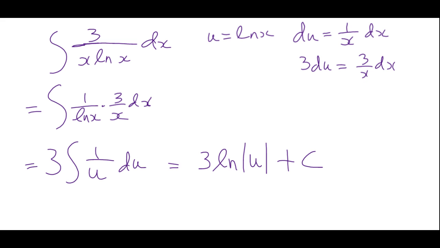And when I say ln u, I of course mean the absolute value of u, right? Then the 3's here, so it's the same. You could do 3 over u, then that would be 3 ln u. Okay.